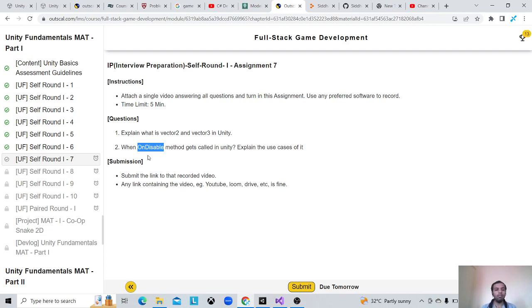So whenever I disable an enemy, that number will get reduced. Let's say there was 4, then it will be 3, then 2, then 1. When that number is 0 and all the enemies are disabled, then we can say this level is cleared.